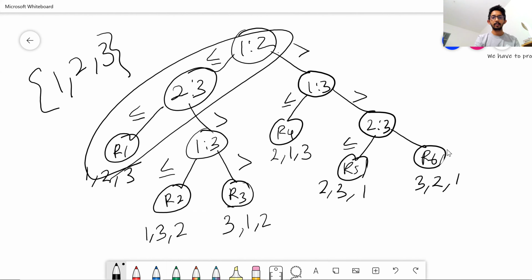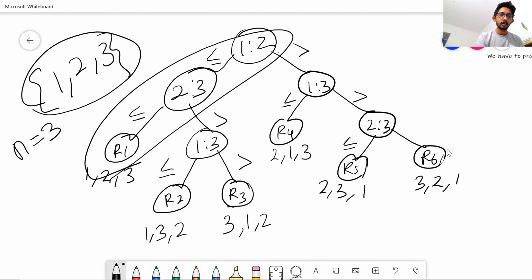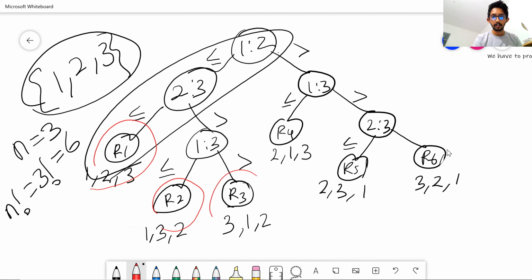You can observe that when the size of the array n is 3, the tree has n factorial leaves, that is 3 factorial, which is 6. You can find the leaves R1, R2, R3, R4, R5, and R6.